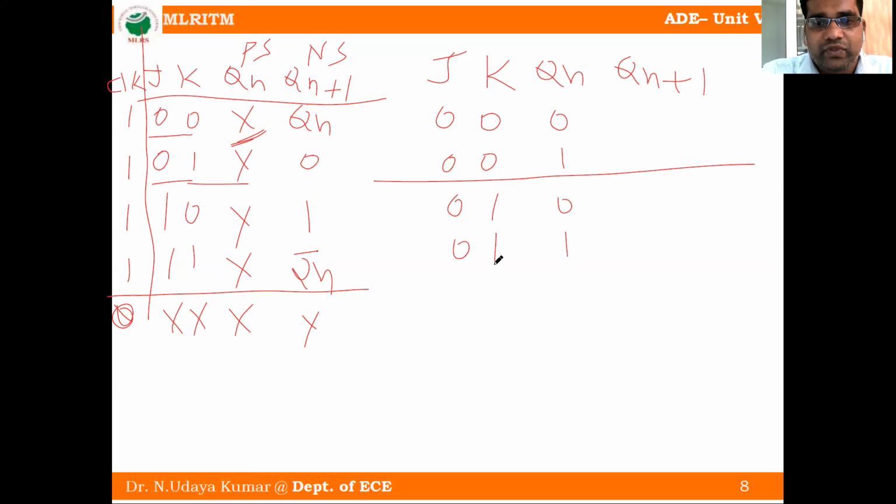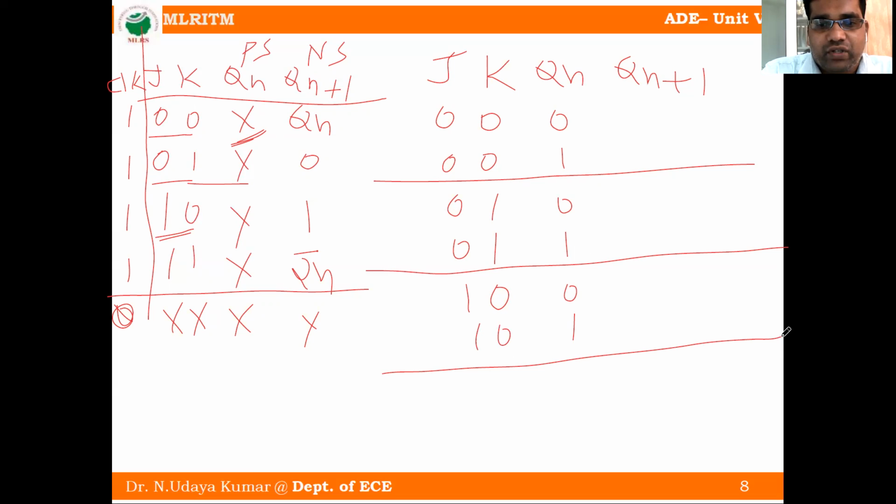So this is the same 0, 1. Then 1, 0, don't care means either 0 or 1, so 1, 0 as it is. Then next 1, 1, and present state is don't care, meaning either 0 or 1. Okay.